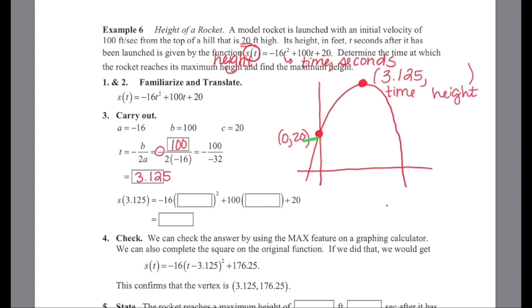To find the height, we will want to substitute in our time, giving -16 times 3.125 squared plus 100 times 3.125 plus 20, providing us with 176.25.